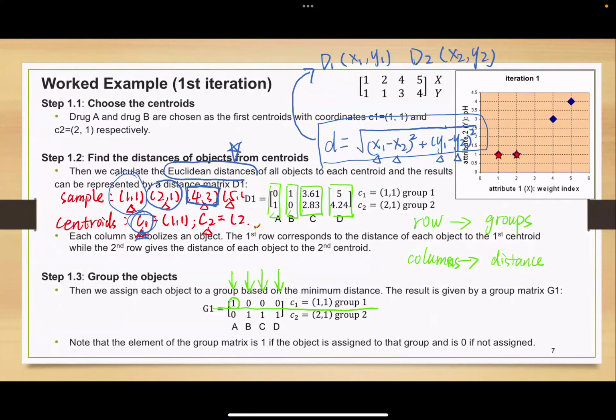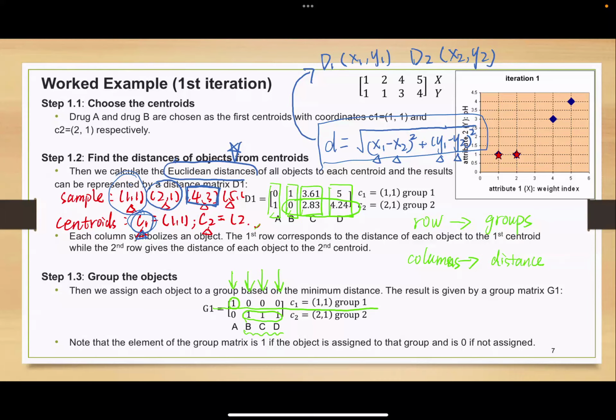So we cluster it as the first group. And for the other data points, B, C, D, they all have a smaller distance to the second centroid, C2. That's why they belong to the second group.